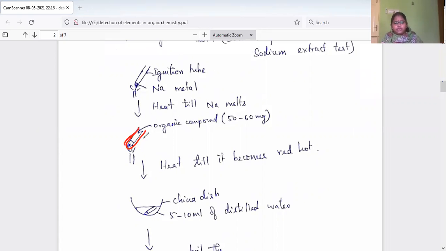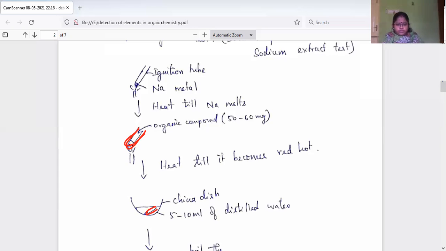Once it becomes red hot, put it in a china dish. What happens here? It breaks, because it is red hot, and if you put it in 5 to 10 ml of distilled water, it breaks immediately. Or we can grind it with a mortar and pestle and then filter it, then take the extract in the china dish. That also we can do.